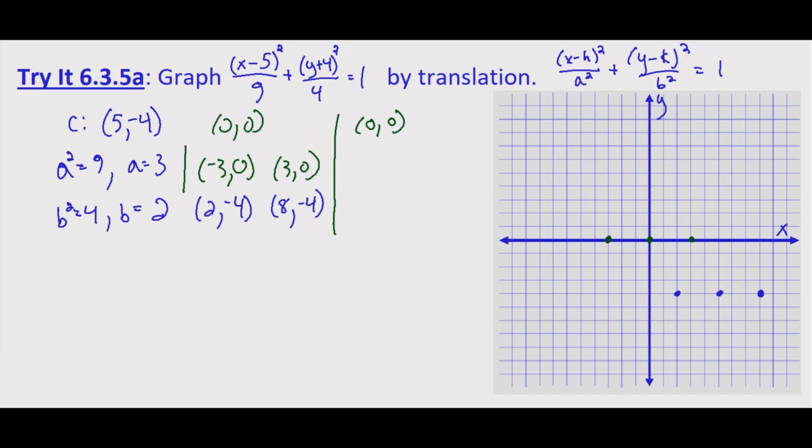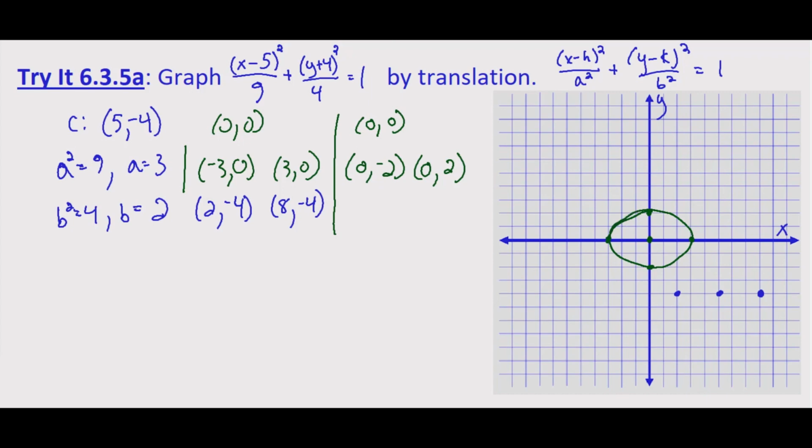From the center at the origin, we would go up 2 and down 2, which means those vertices are going to be at (0, -2) and (0, 2). So here's what the ellipse would look like if it were centered at the origin. And this is what we're translating.